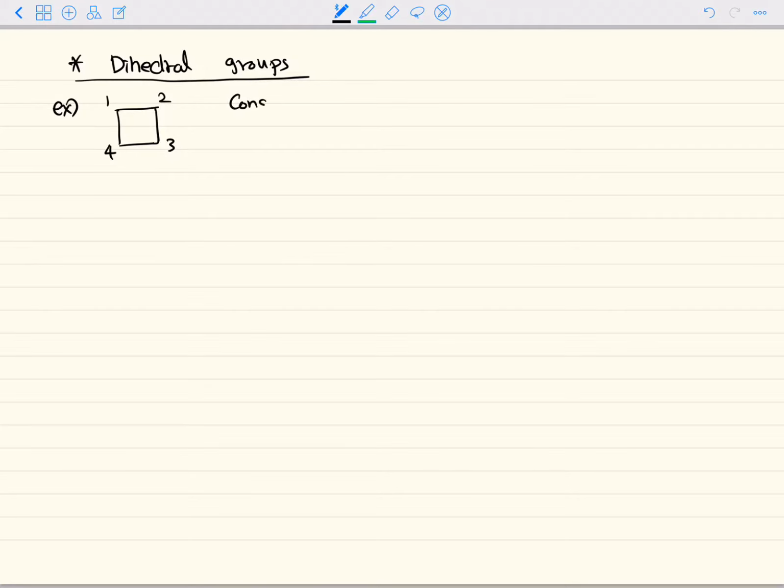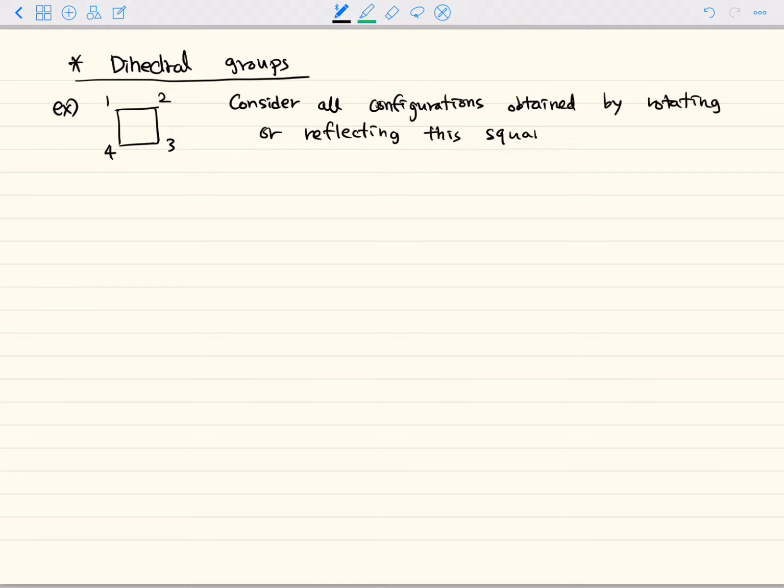Now I want you to consider all configurations obtained by rotating or reflecting this square, but we don't want to change the shape of this square. This square must stay in this shape.